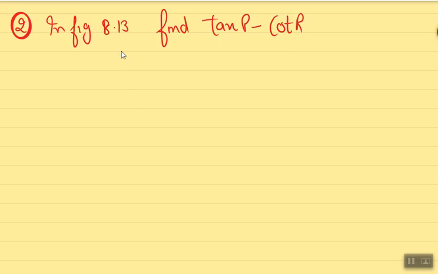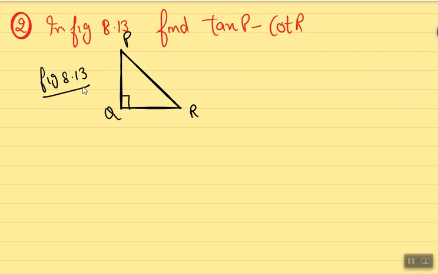That is already given. Now this is P, this is Q, and this is R. It is figure 8.13. It is already given, it is 12 centimeter, and this is 13 centimeter, and this side is missing.